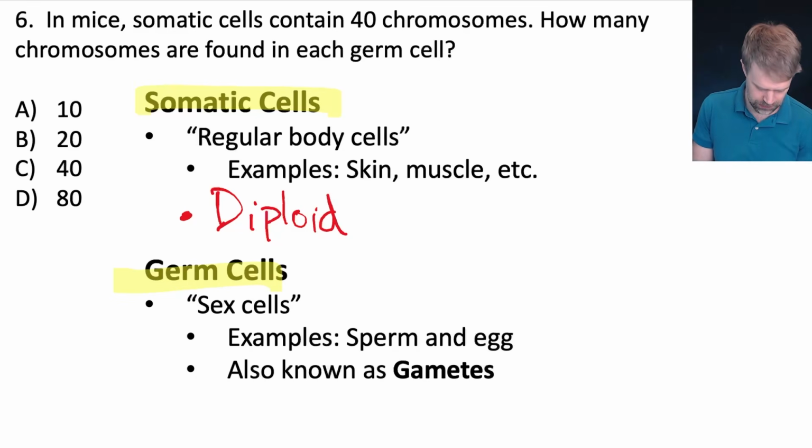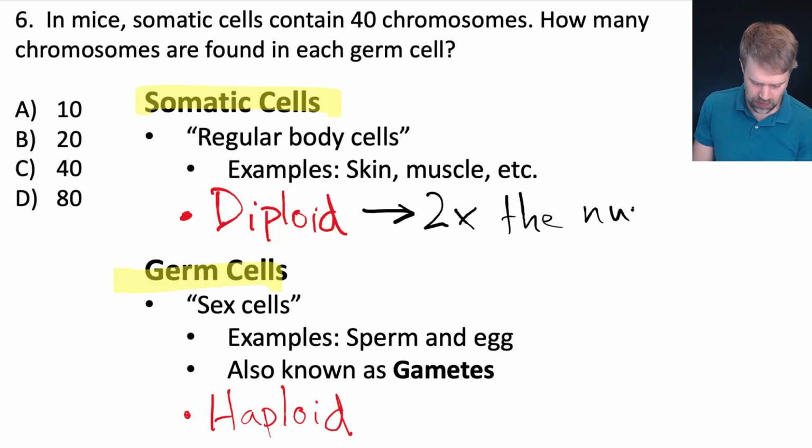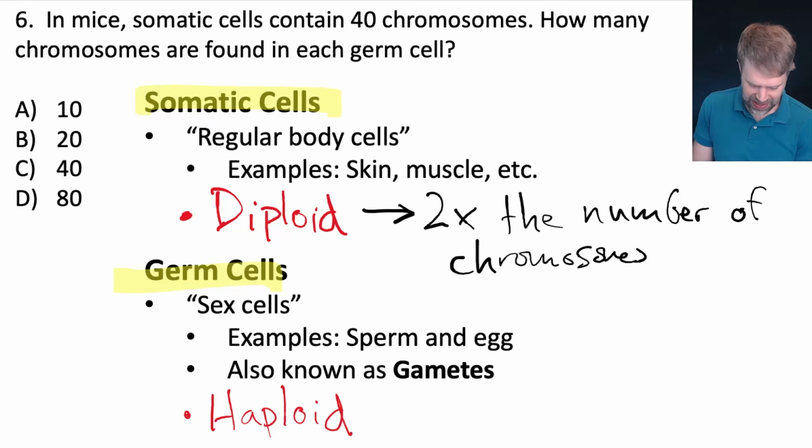Germ cells are called haploid. And what this means is diploid is 2x, twice the number of chromosomes as haploids.